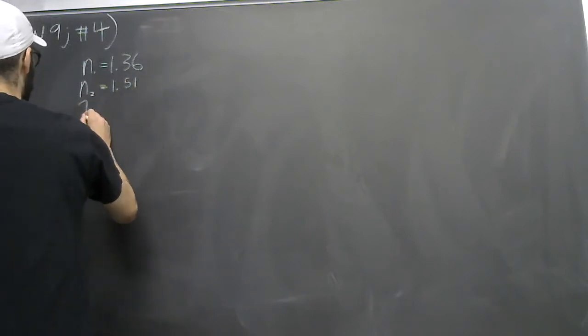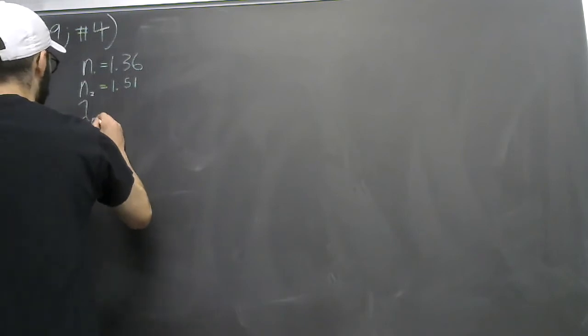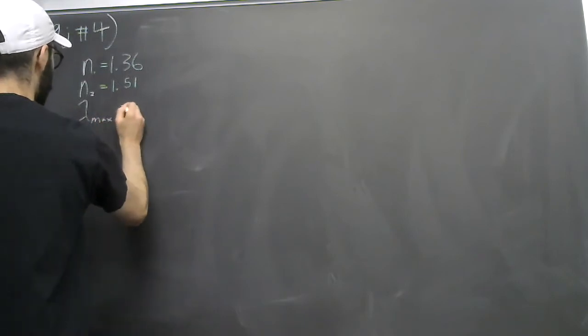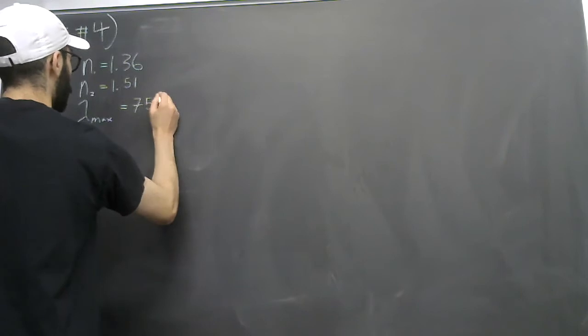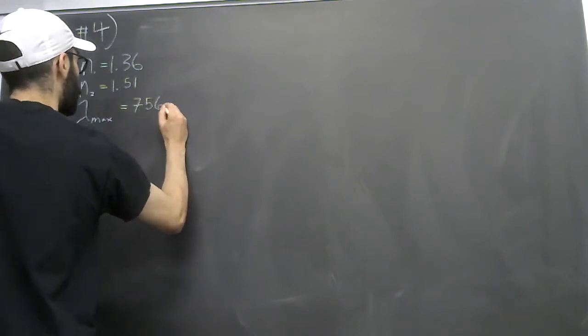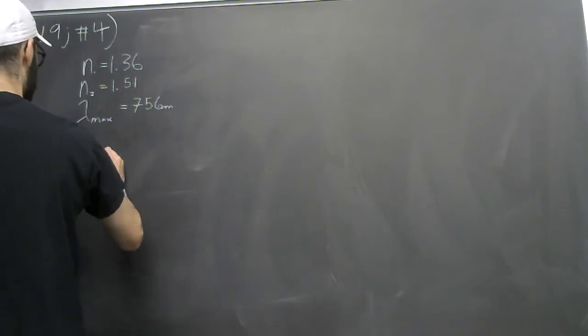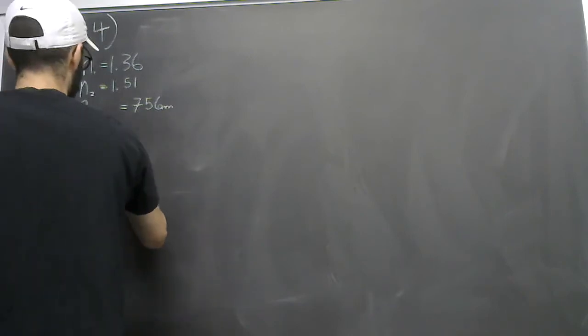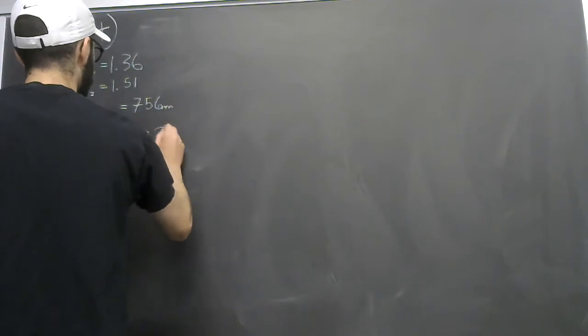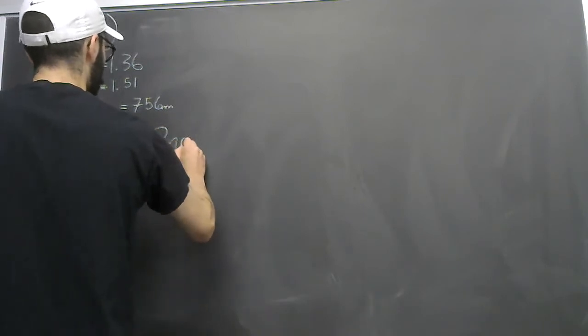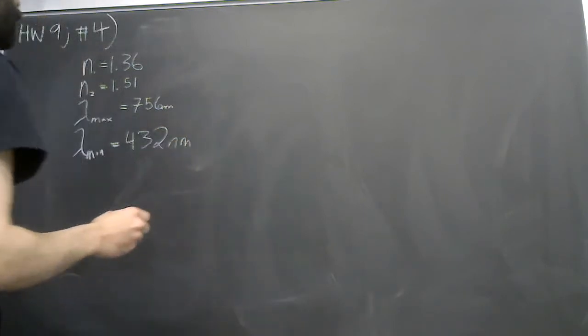We're also told that the max wavelength, lambda max, is at 756 nanometers, and my lambda min is at 432. And essentially what we're solving for is that distance d between them.